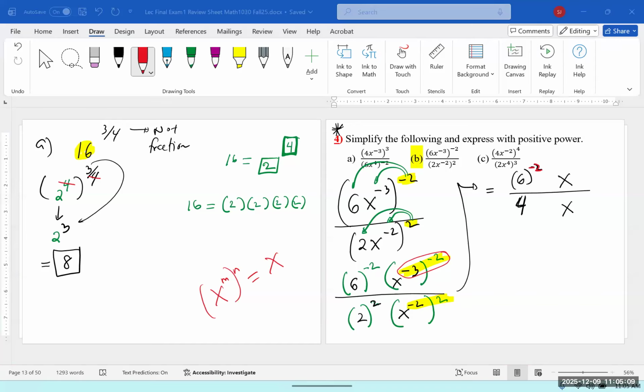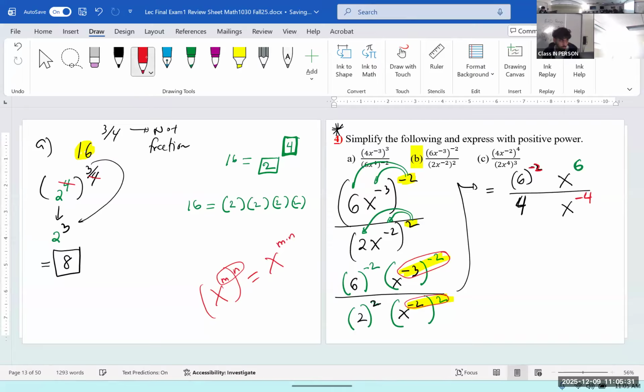Multiply. Yep. So we have m times n. Same thing here, we have -3 times -2, so it turns into +6. And on the denominator, we have -2 times +2, so we get -4.